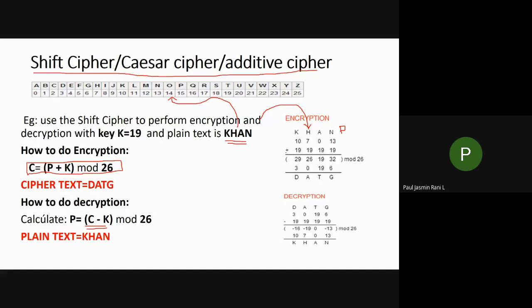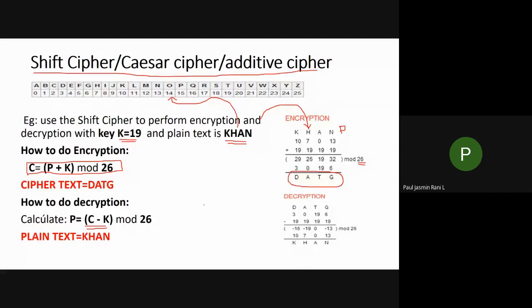Then you have to add your key. The key value is 19, so you add those. While adding, if you get a value greater than 26, you have to do the mod function, and then you will get your result. After that, you have to find the corresponding alphabets.